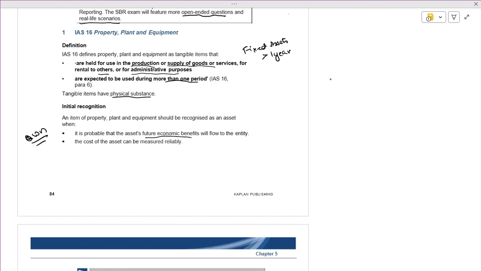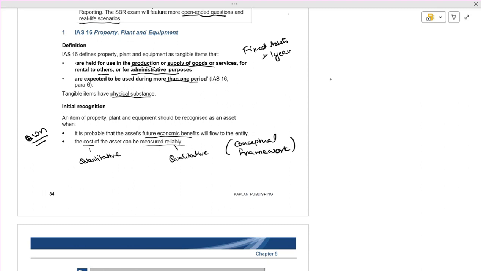And as simple as that, we have to measure it reliably, that is, we have to measure it in monetary terms. See, here we are talking in terms of quantitative, as well as qualitative. That is what we are talking about in terms of the conceptual framework.